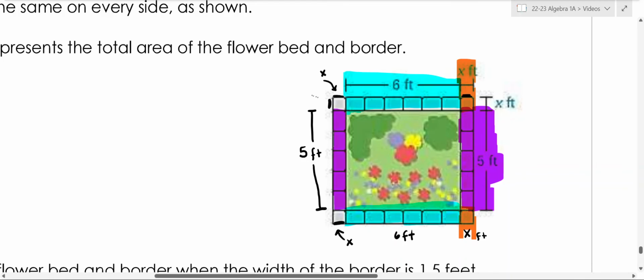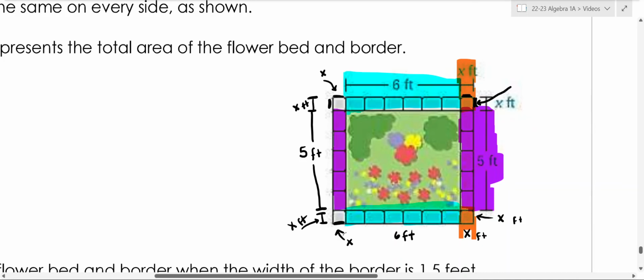If this right here is X feet, then this right here is also X feet. Same thing here, X feet, and same thing here, X feet.